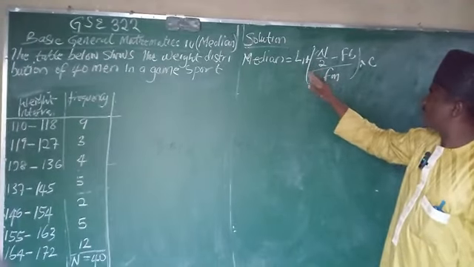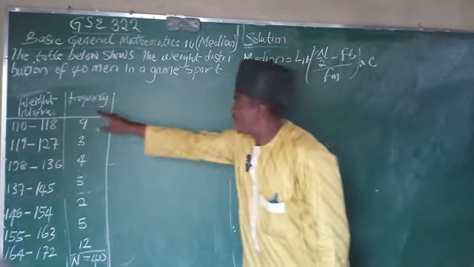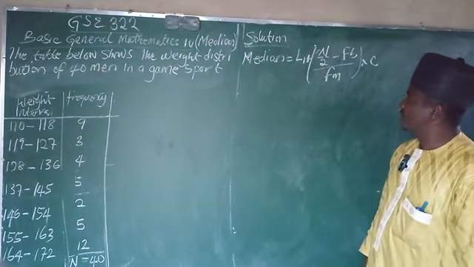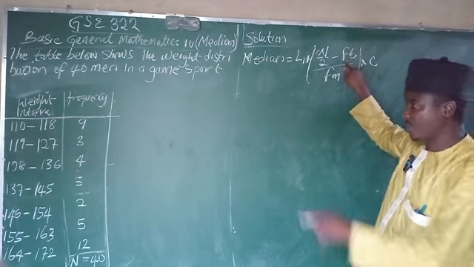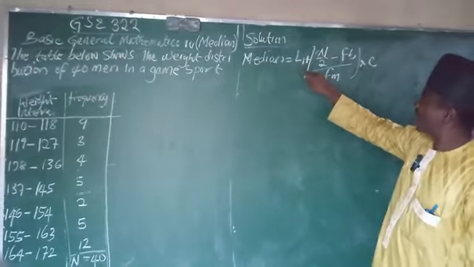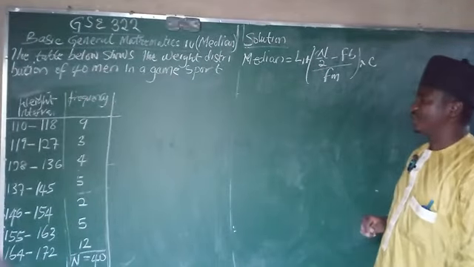Having understood the meaning of all this, we go back to the table. In the table, we have frequency, and the formula is talking about cumulative frequency, which we don't have. The formula is also talking about lower class boundary, and we don't have that on the table.